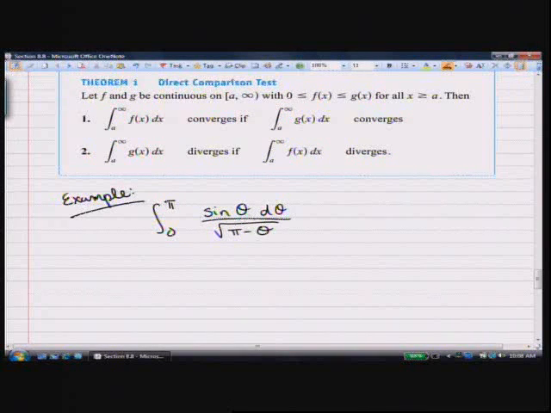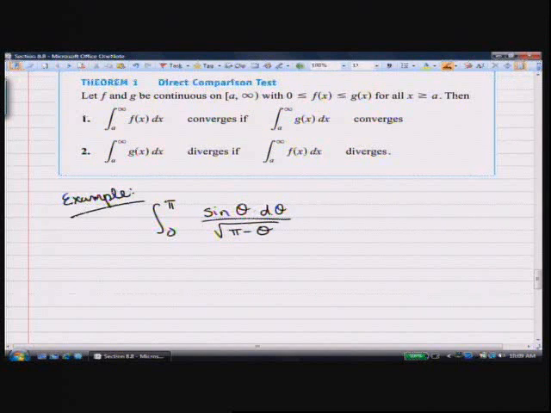So if you just didn't worry about this and thought of it as 1 over the square root of pi minus theta, and you could prove that function converged, then you would be able to say that this function also converges, because having that sine in the function is only going to make it equal to or smaller, because the most it'll be is 1, but it could be a half, or square root of 3 over 2, or whatever, and that would still make it less than.